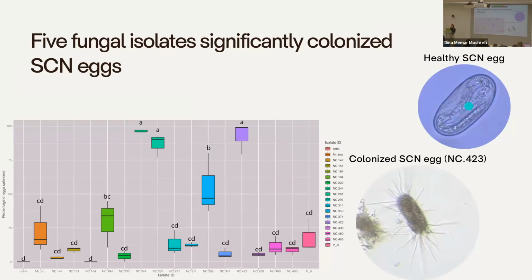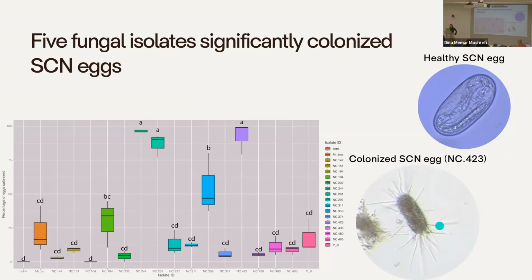So you should be able to see the nematode folded in there and all of its parts. It's beautiful. And then if the nematode egg is colonized by the fungus, well, then you don't see anything. Now you just see a fungus.